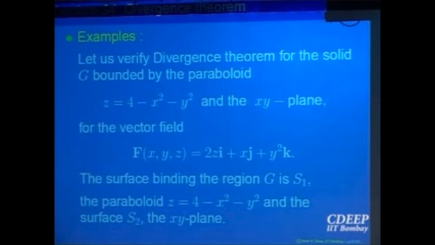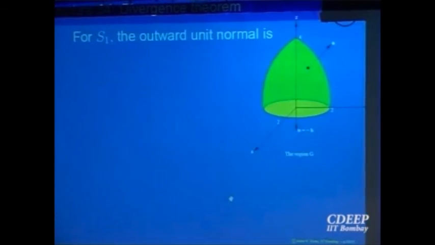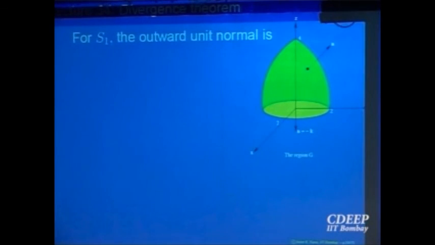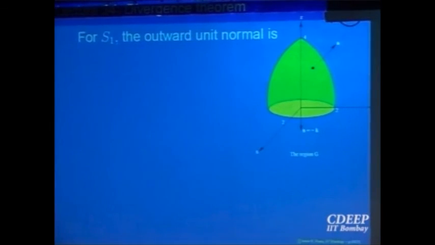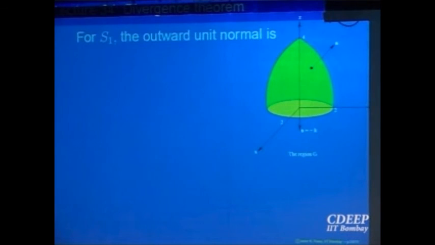For this one, the normal will be pointing outside, so the Z component will always be positive. For the bottom one, it is going down, so the normal is minus K. Clear? Oh, sorry, for this paraboloid. The same picture, there it looks like a cone, here it looks like a paraboloid. It doesn't matter, it's a matter of imagination only. So this is N, and here it will be going outside, that is minus K. Once the normal is fixed, it's only a computation of the two integrals.